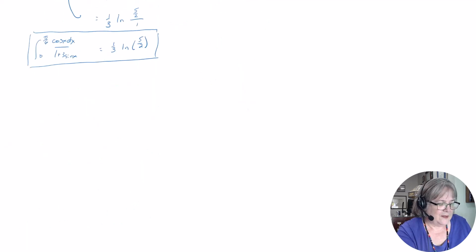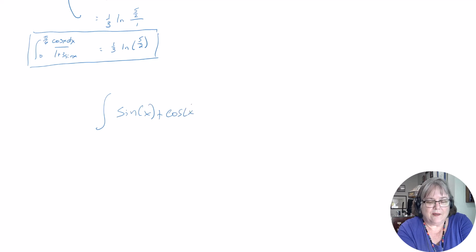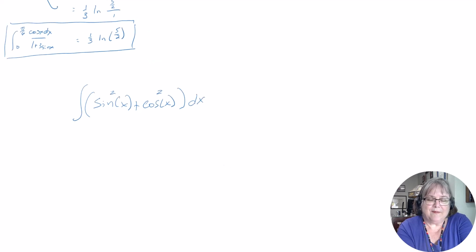Now, let's try a problem really quickly. Actually, let's just think about a problem here. If you had something fairly simple like, let me make one up, the integral of sine squared x plus cosine squared x dx.